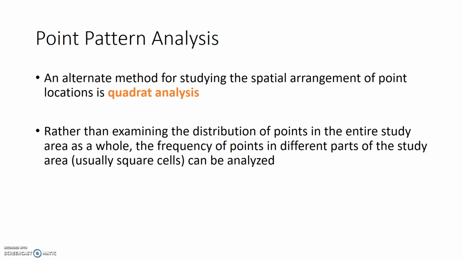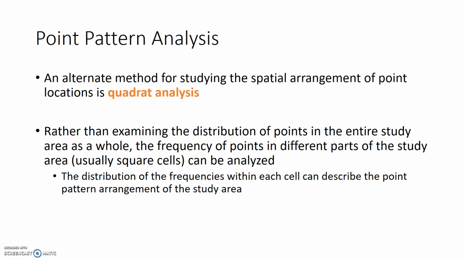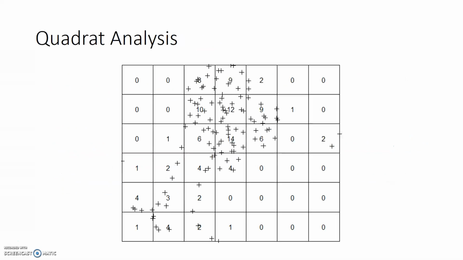Rather than looking at the distribution of points across the entire study area, we can take that study area and divide it up into equal-sized areas, usually square cells, and look at the frequency of points in each of those square cells. The distribution of these frequencies within each cell can describe the arrangement of the points in the study area. So it's another way of looking at the distribution of points across a study area.